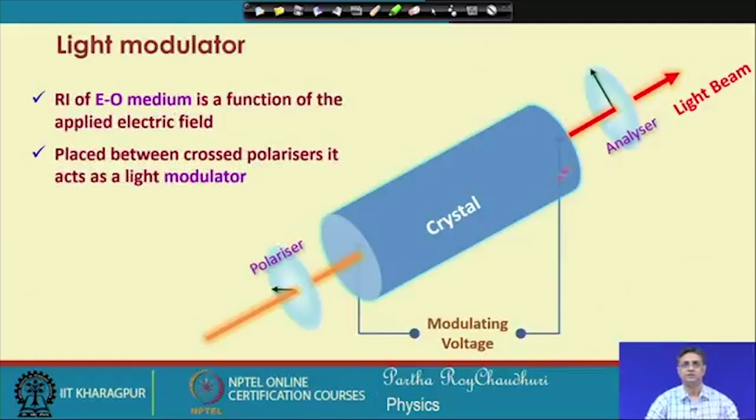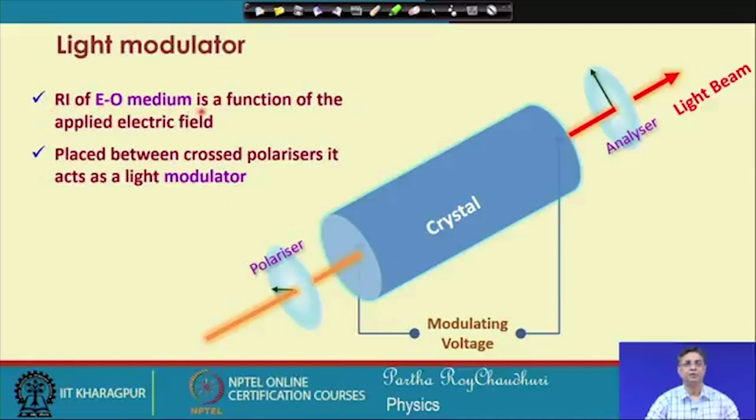Now, let us consider a medium, a crystal which is electro-optic crystal, that is, if I apply a voltage, that is an electric field across the crystal, and the light is propagating in this direction with a polarizer and an analyzer which are mutually at cross position. So, they make an angle of 90 degrees with each other, then we can see that this system can be used as an amplitude modulator.